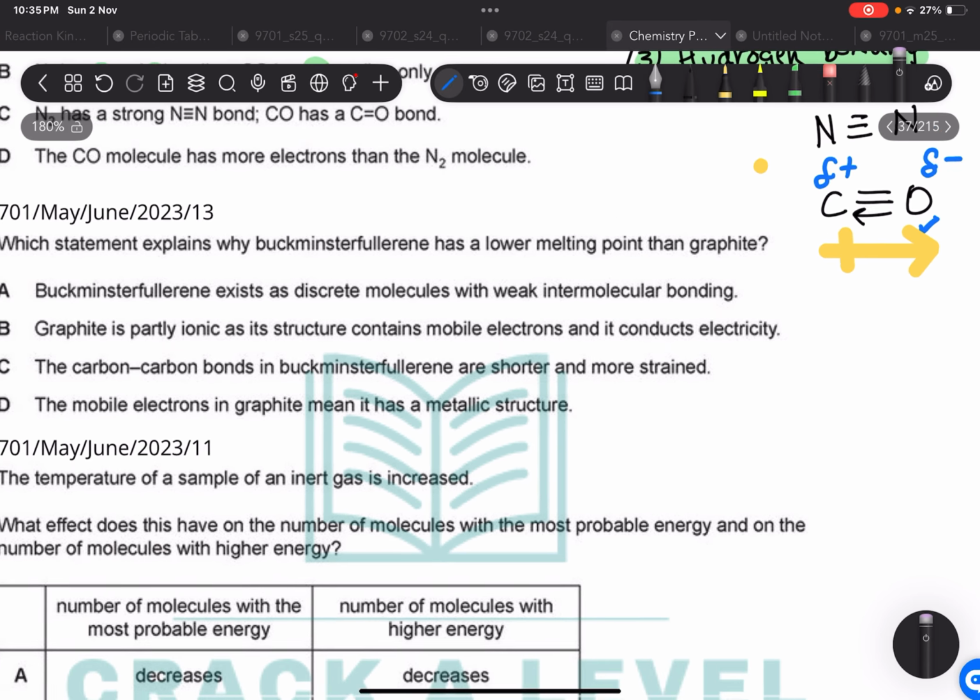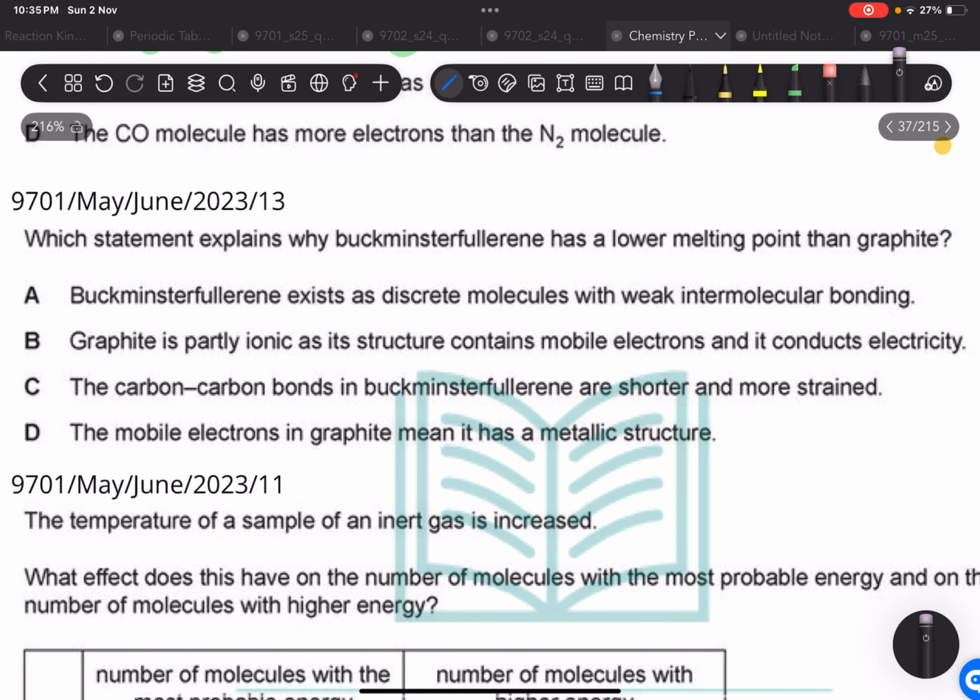Okay, which statement explains why Buckminsterfullerene has a lower melting point than graphite? That's simple. Buckminsterfullerene is a simple molecular structure with the formula C60.